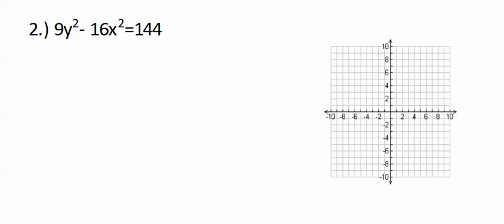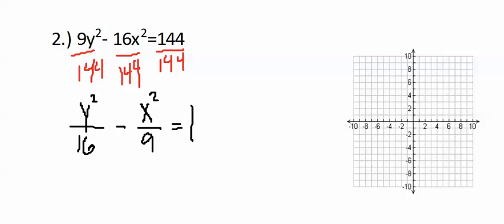If we take a look at example number 2, we have 9y squared minus 16x squared equals 144. And very similar to what we talked about in the ellipse, it needs to be equal to 1. So what we're going to do is divide by 144 to all parts. So that creates the equation in the format that we're used to.